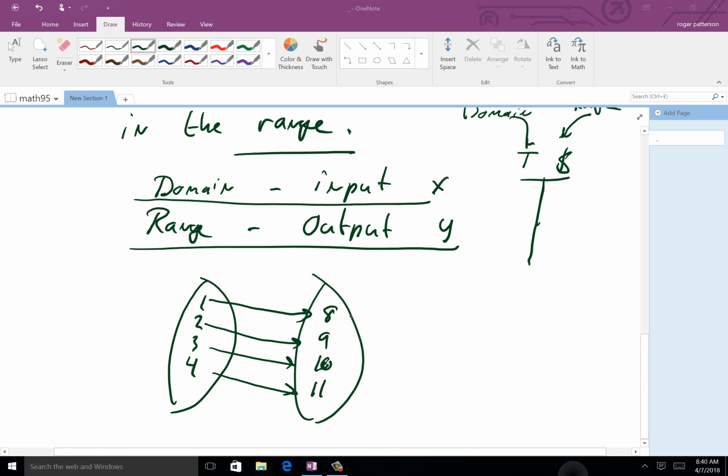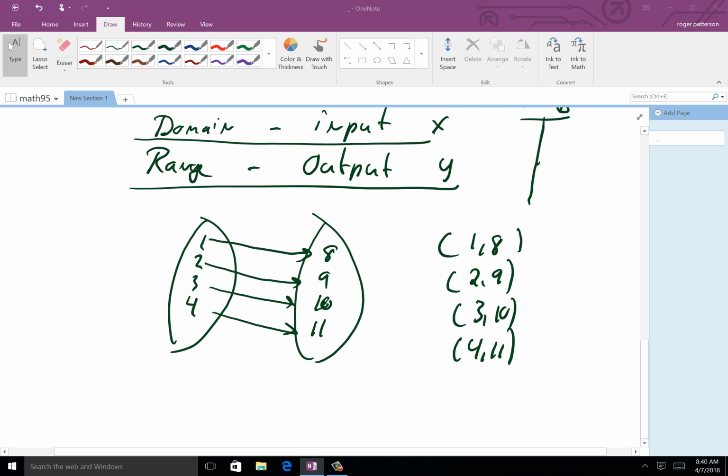Okay? Cool. So if we wrote this as an ordered pair, we would write it as (1, 8), (2, 9), (3, 10), and (4, 11). Okay? This would be your domain here. And this would be the range here. That's how it works.